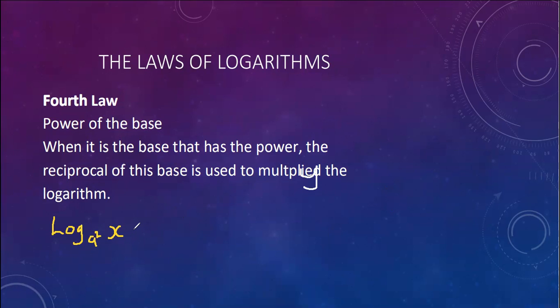So what this law states is that we are going to multiply the log by the reciprocal of the exponent, since it is the base that has the power here. So what is the reciprocal of 2? The reciprocal of 2 is simply 1 over 2. So we are going to have 1 over 2, which is half, multiply log x in this. Okay, simple.